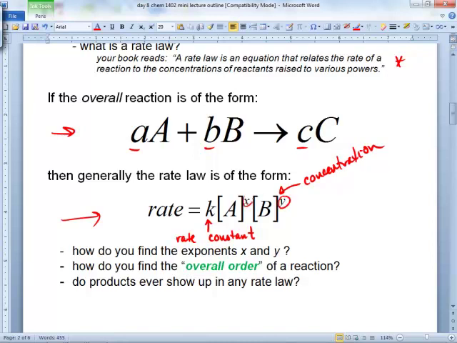And these X and Y, those are our powers, our exponents, whatever you like to call them. Now, Jasmine, are those exponents going to be the little a and little b, the little stoichiometric coefficients?